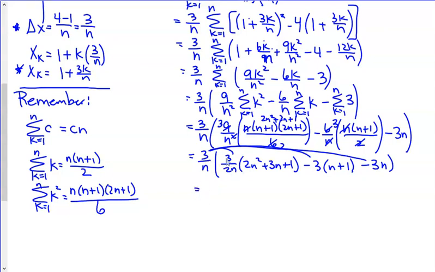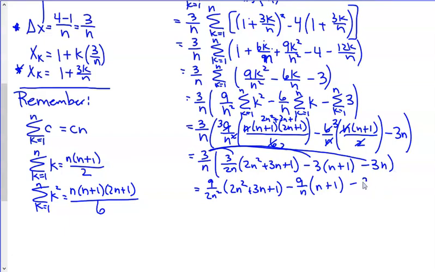So when I do that, I get 9 over 2n squared times my 2n squared plus 3n plus 1. Then I'm going to multiply 3 over n times 3, which gives me a minus 9 over n times an n plus 1. And then I'm going to multiply 3 over n times 3n.